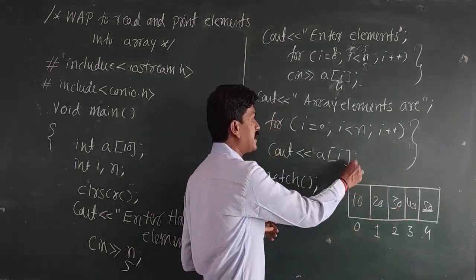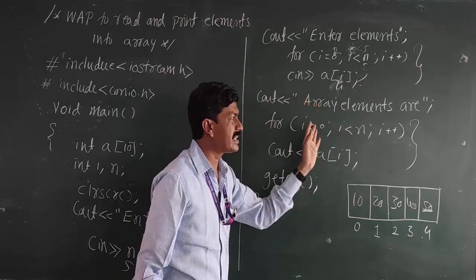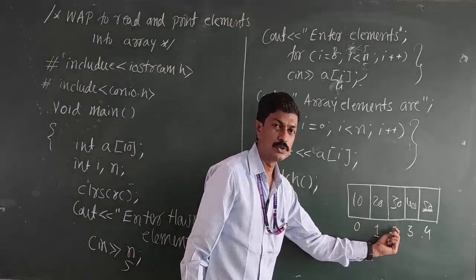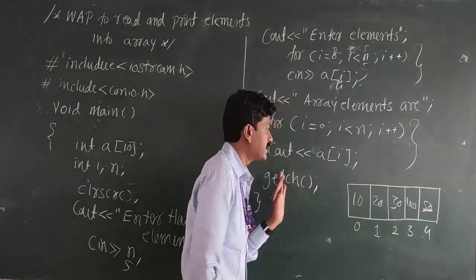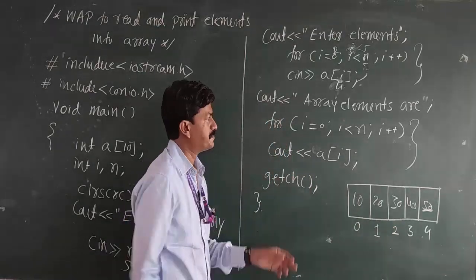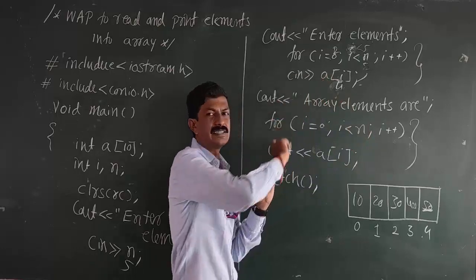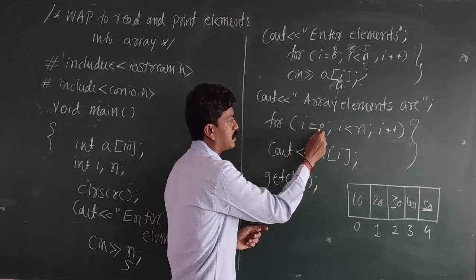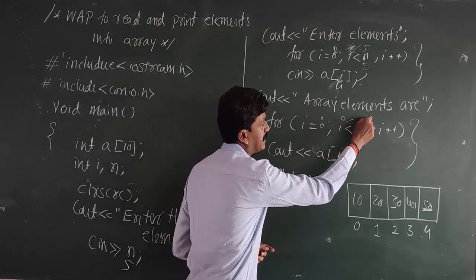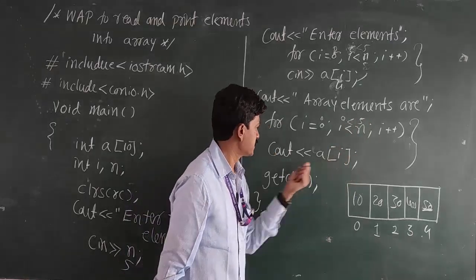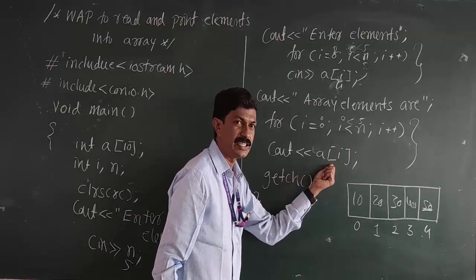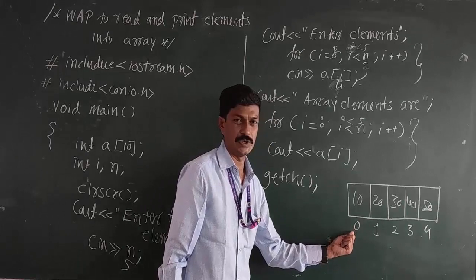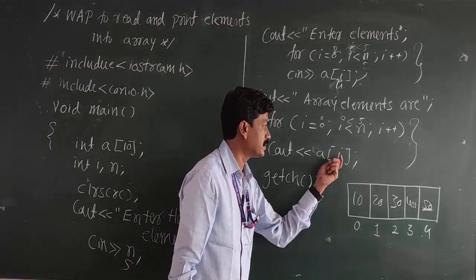In the same way, once we have inserted the elements, we print them from the array by visiting each and every index of this array to print the contents of that index. That is in this second part: array elements are printed. For i equal to 0, the i value is 0, which is less than the n value of 5. cout A of 0 prints the content of array index 0, that is 10.